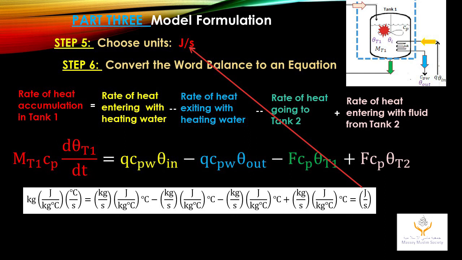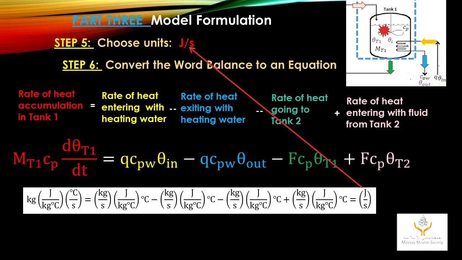Minus what's leaving, the blue arrow here, which is the flow rate, specific heat capacity, and temperature. But the temperature here is the same as the one in the tank.